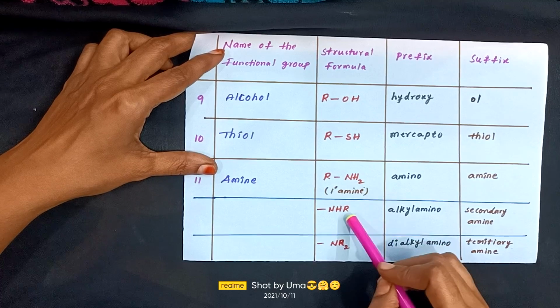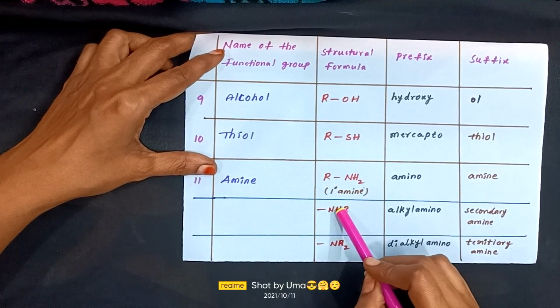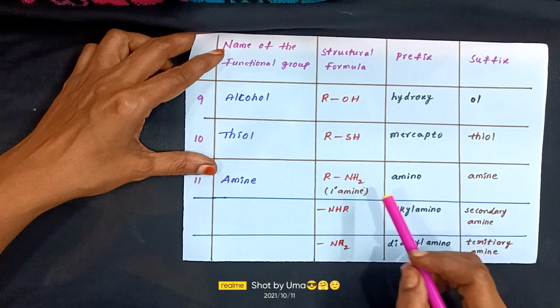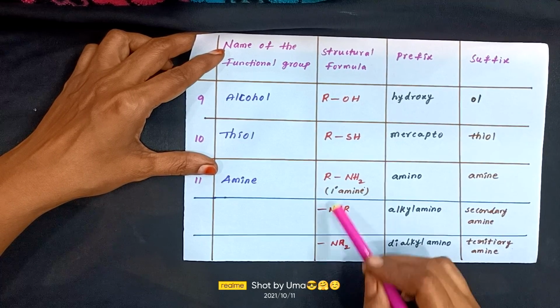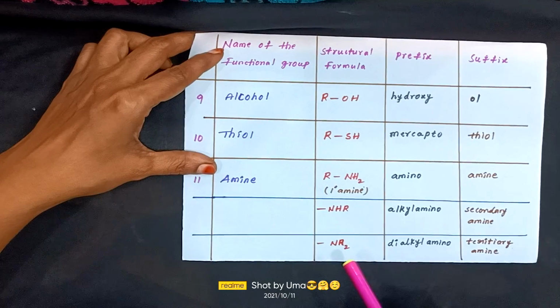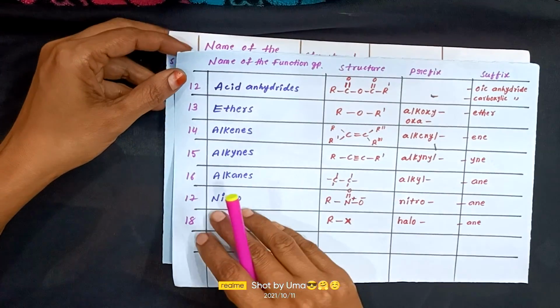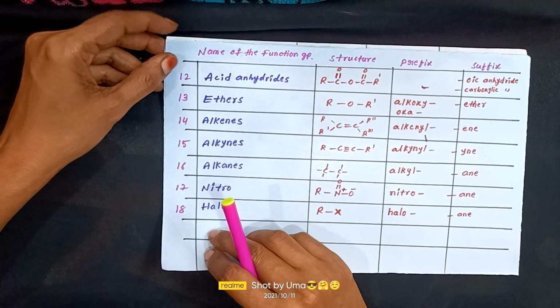If one more R alkyl group is attached in place of a hydrogen atom, it will become secondary amine. And if three R groups are attached including this, we will get tertiary amine. Some more functional groups, children, I will discuss with you.